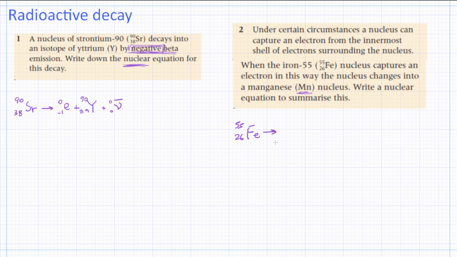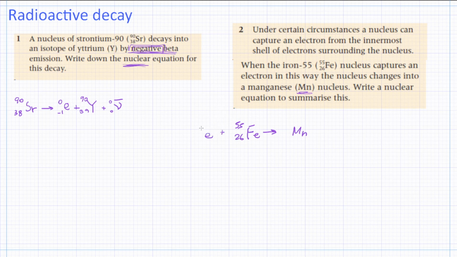So I've got iron, and this iron is becoming manganese. Basically we're told that it absorbs an electron first, and then it becomes manganese. So I will add an electron here. Okay? So let's put the numbers in.